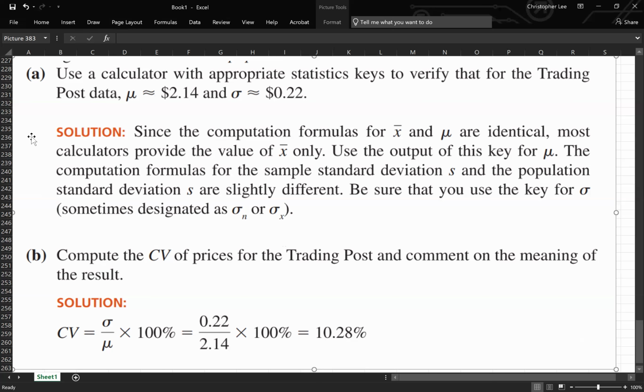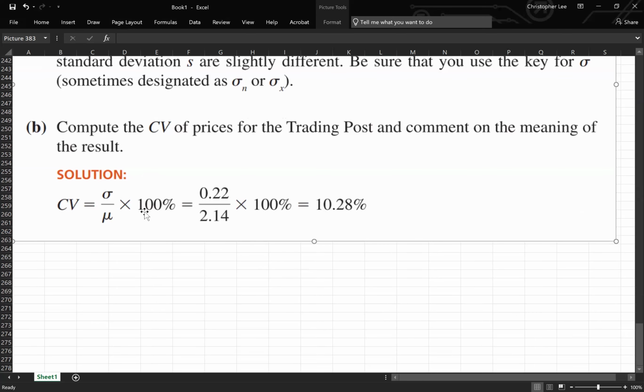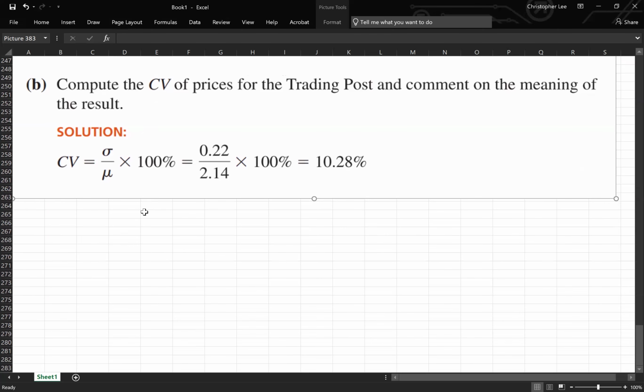Now, let's talk about the new thing that we want to talk about, computing the coefficient of variation of the prices of the trading posts and commenting on the meaning of the results. So our coefficient of variation, CV, is going to be our standard deviation that we just found, 0.22, divided by our mean, which was 2.14, times 100.